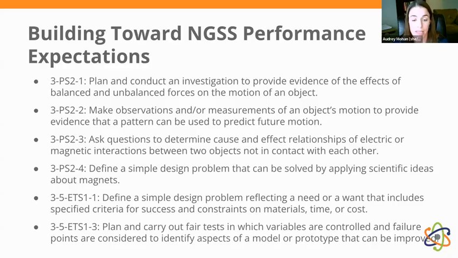So we've combined this unit with some of the engineering performance expectations, where students are going to be defining problems and carrying out fair tests to design a solution to a problem. This is going to be in the context of art for most of the unit. So it's not really a problem, but they're going to identify something that they want to design a solution for, a piece of art that they want to design.